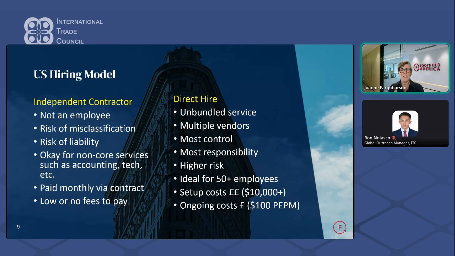Instead of using a PEO where there's a co-employment, they said, you know what? We're in the US, we're going to build it. We're going to have a payroll company, and we'll have someone that helps us with insurance. They essentially are unbundling all of the people operations and saying, we're going to build this ourselves, because that's how our company is. We don't want another service.